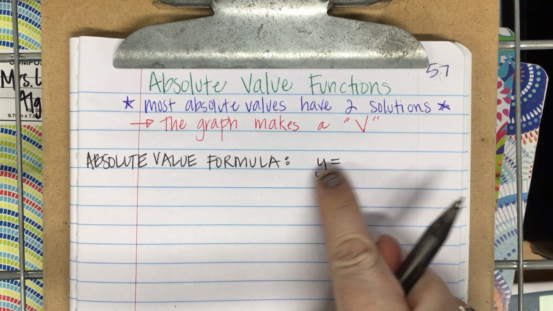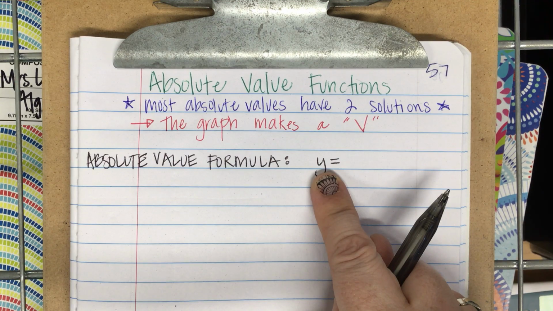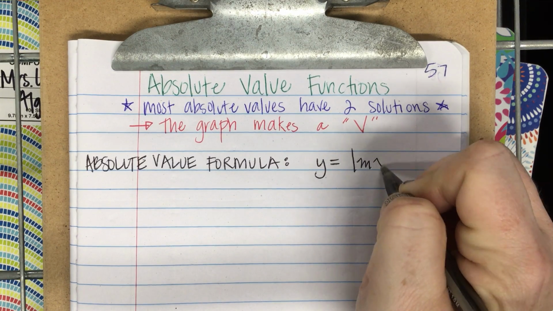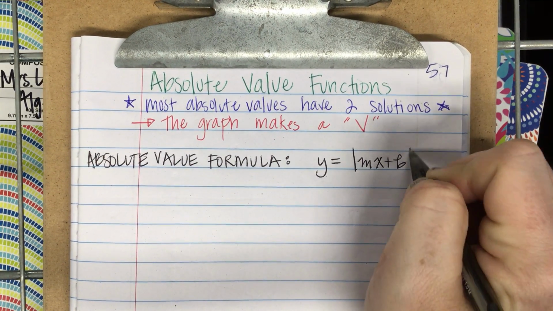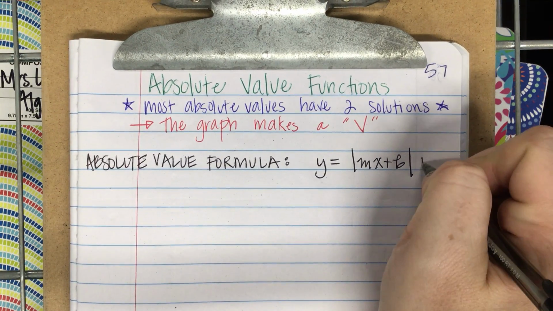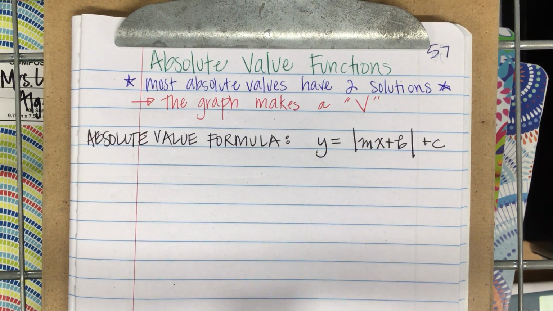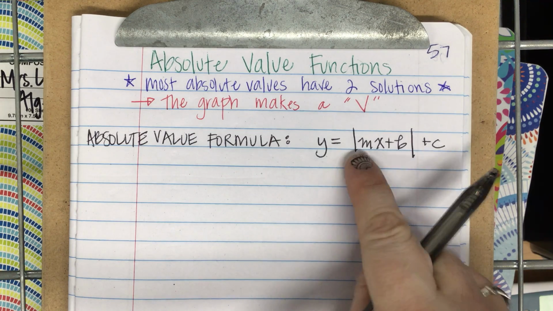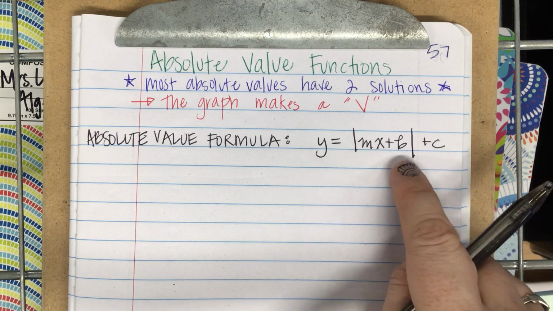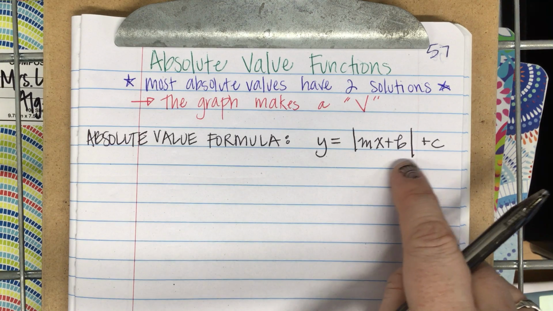Y equals, that means we're going to graph it, m x plus b. Does that look familiar? And then we sometimes have this thing out here called plus c. These values are going to be just different numbers, right? Or maybe they're not there. Maybe it's a 1, or it could be 0.